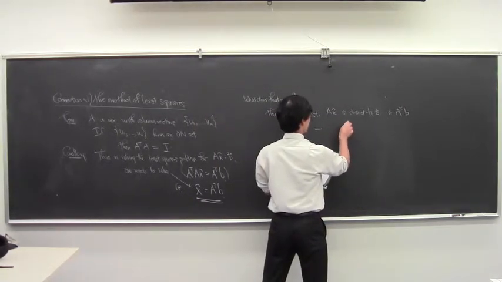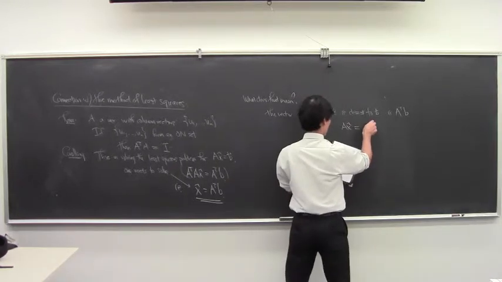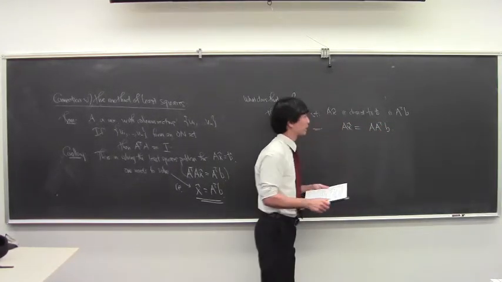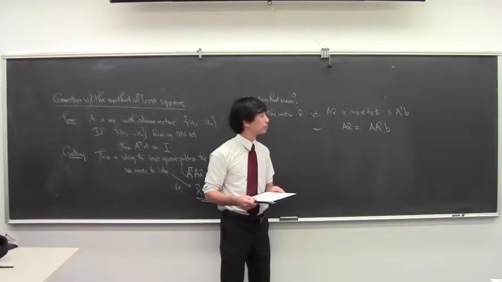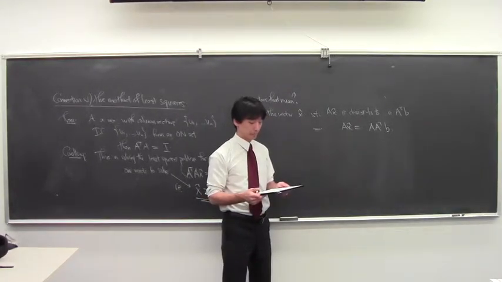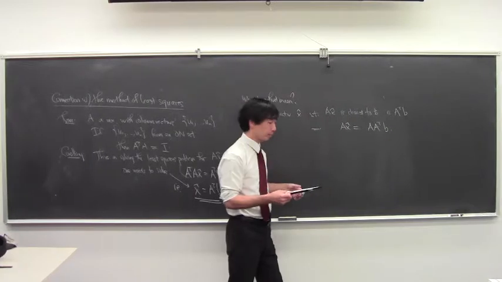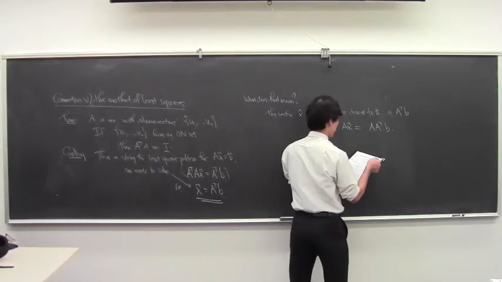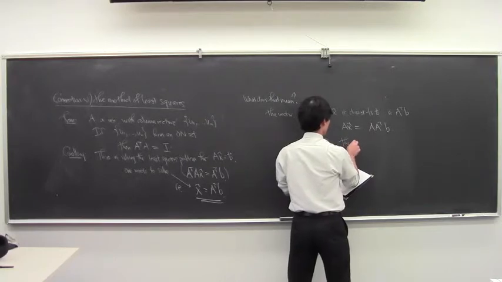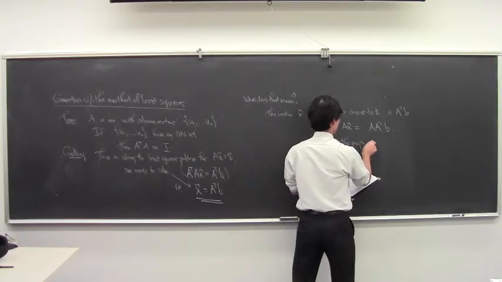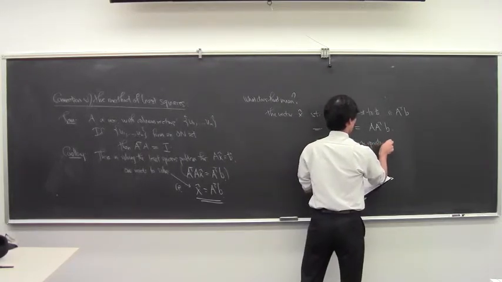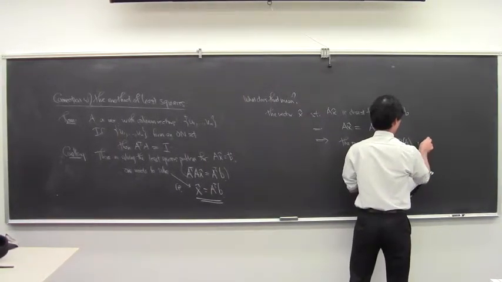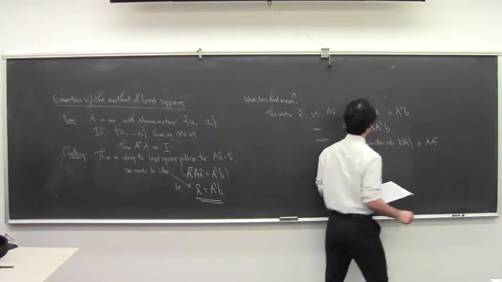So Ax hat is going to be A A transpose b. And what that says is that the projection operator onto the range of A is A A transpose.